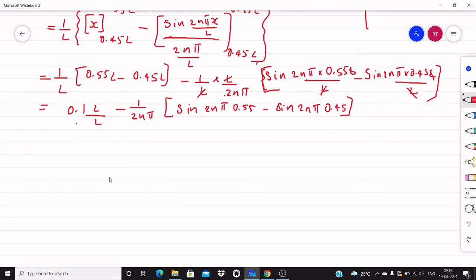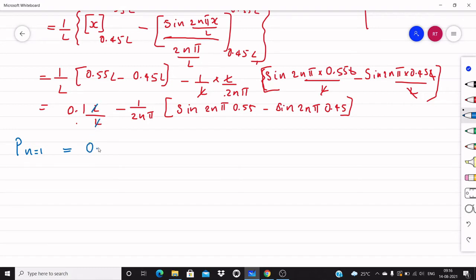ground state and first excited state. So I'm going to give the value n is equal to 1. So P is equal to, the first term remains like this, L is already cancelled.